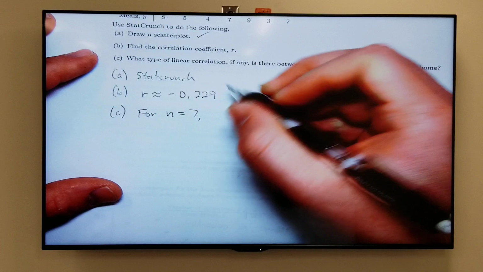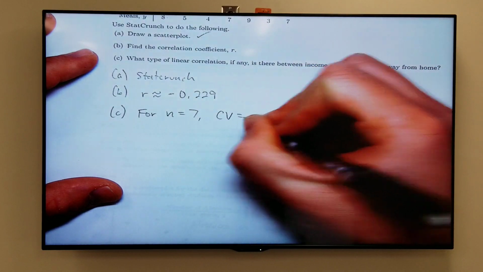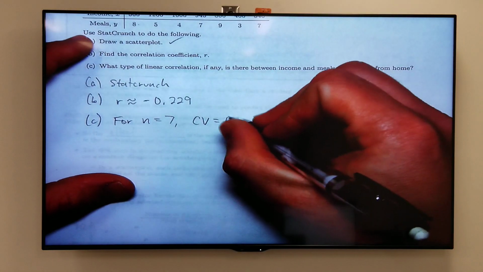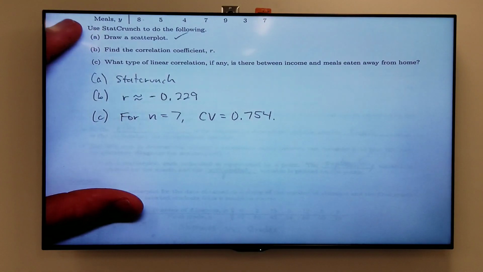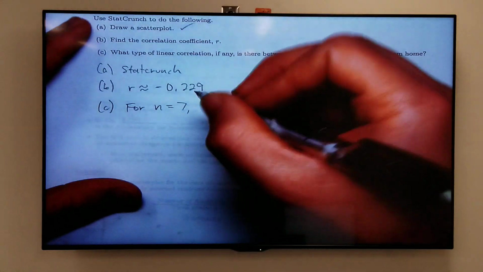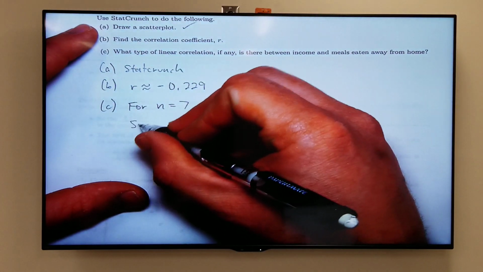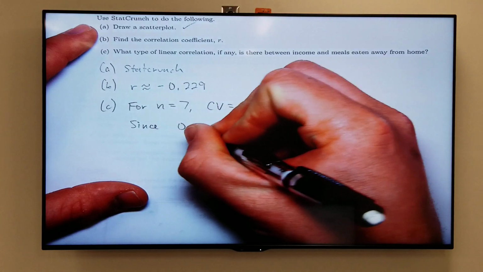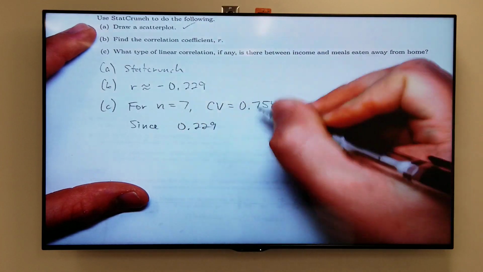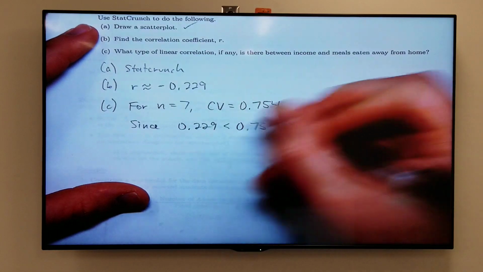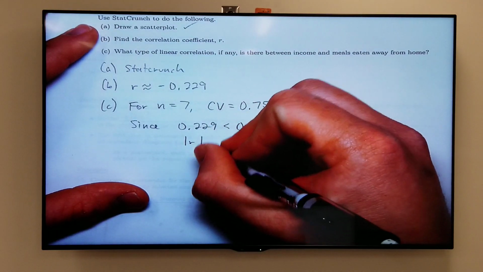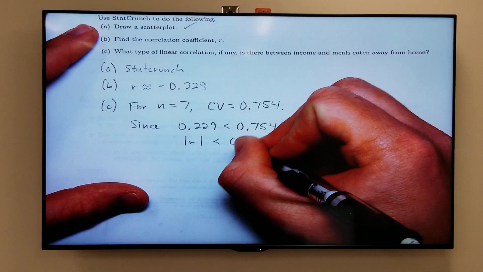So for n equals 7, the critical value is, what did I say? 0.754. So we can say something like, since the absolute value of r is less than the critical value, right? Again, this is absolute value of r, it's less than our critical value, right?